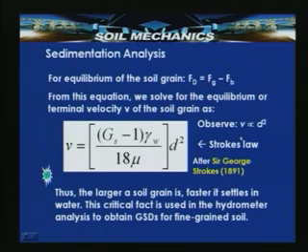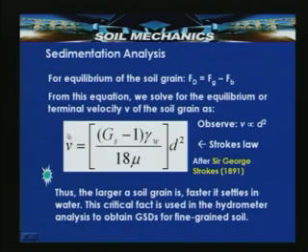Observe that V is proportional to the square of the particle size. Thus the larger a soil grain is, the faster it settles in water. This critical fact is used in the hydrometer analysis, which is used for determining the fine grained soil fraction to obtain the grain size distribution for fine grained soil.